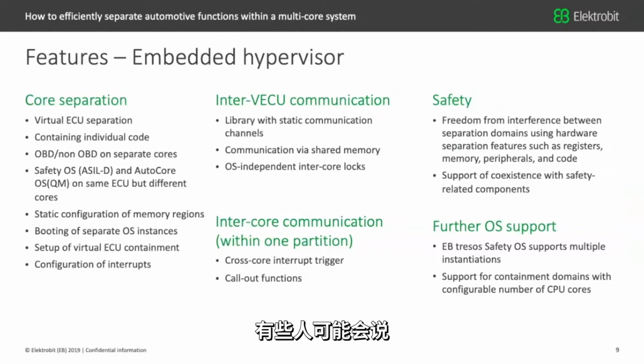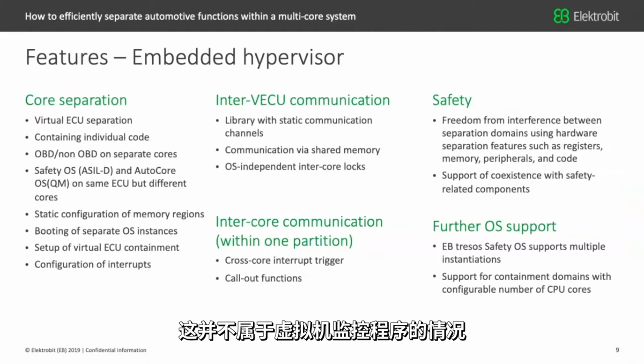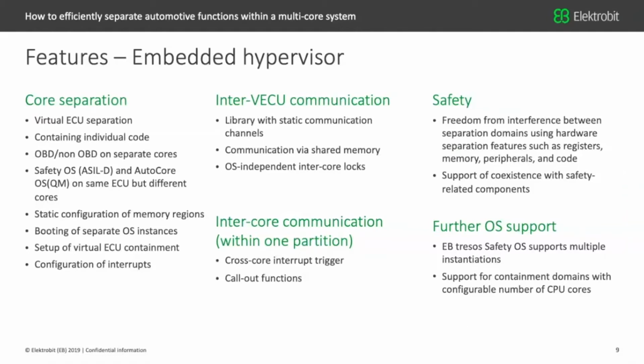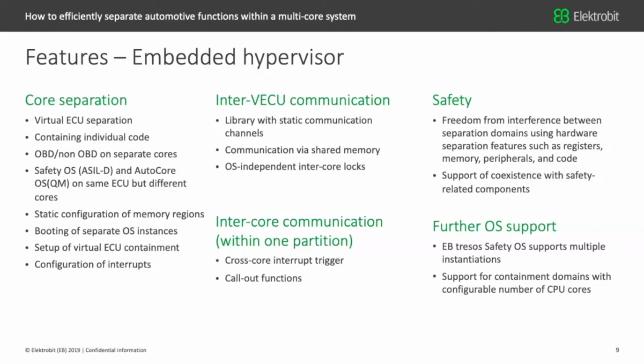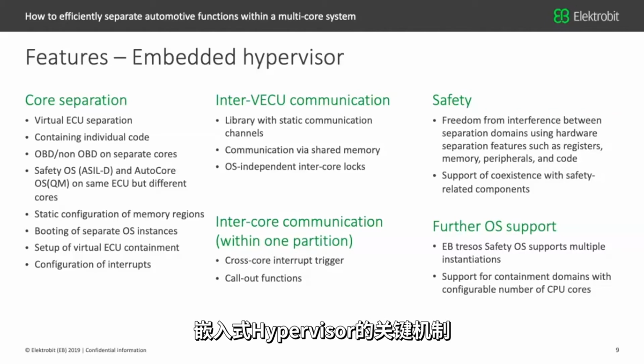Some might argue that this is not a hypervisor in this case because there's no virtualization, but it means we have a separation between multiple systems which are separated from each other. It depends on the definition you're taking for hypervisor. So the core separation is the key mechanism of the embedded hypervisor.